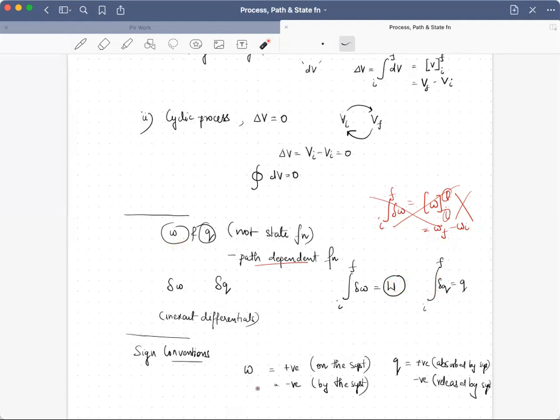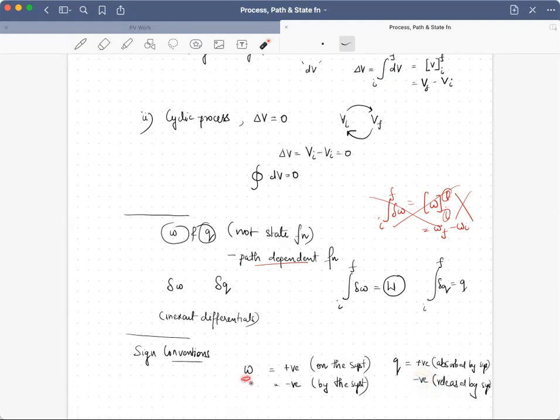Finally, I would like to also introduce to you the sign conventions when it comes to work and heat. You know about heat, that it could be exothermic or endothermic. Exothermic means heat is released, and endothermic means heat is absorbed. So whenever heat is absorbed by the system, we represent the heat with a positive value. However, when heat is released, it is represented by a negative value.